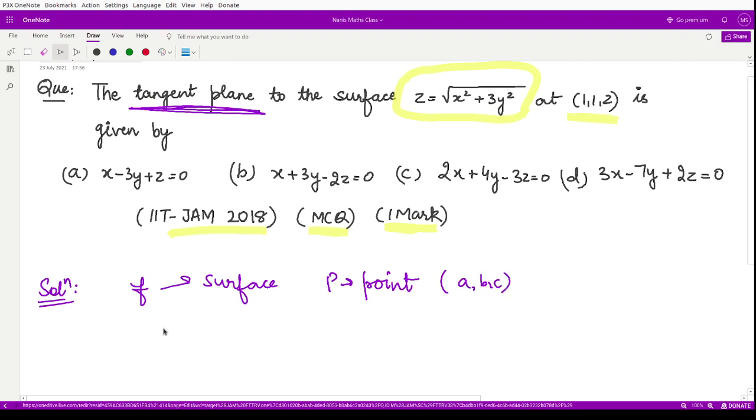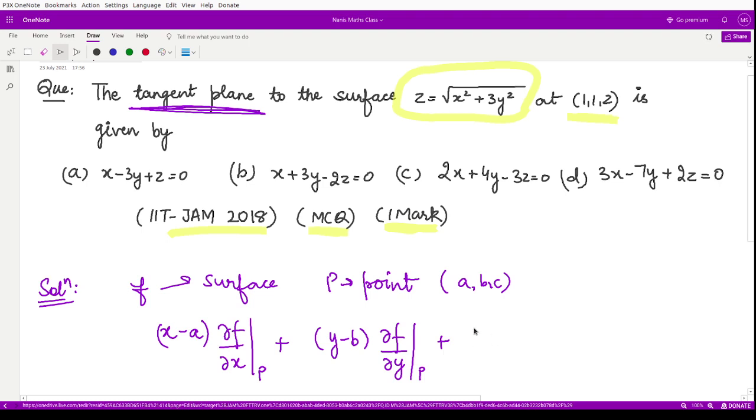In that case, your equation would be x minus a multiplied by the partial derivative of this surface f with respect to x calculated at the point P, plus y minus the b coordinate for this point multiplied by the partial derivative of the given surface with respect to y calculated at the point P, plus z minus the z coordinate of the given point c into the partial derivative of f with respect to z at the point P. So this is the equation of the tangent plane.